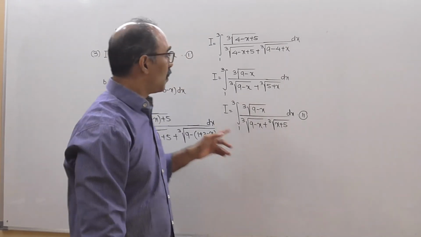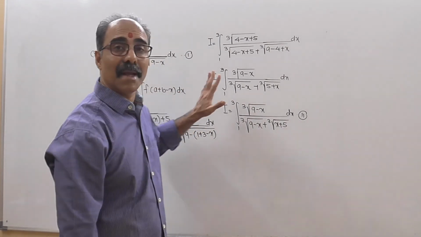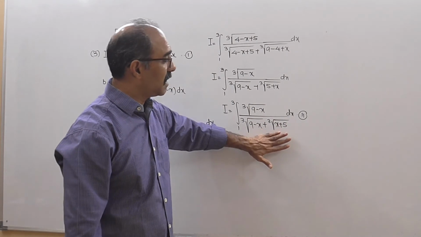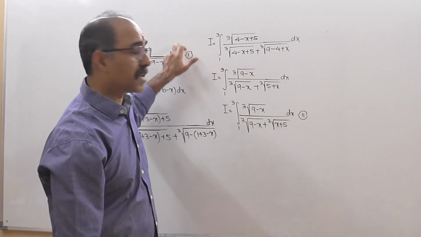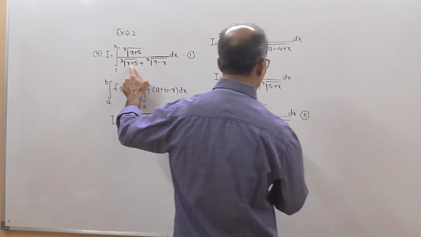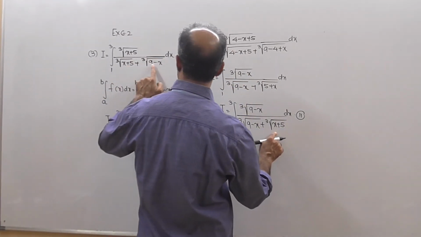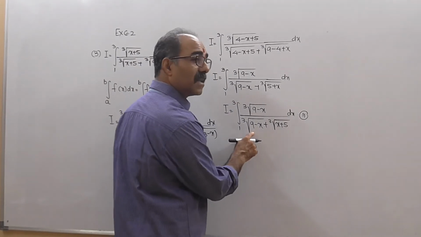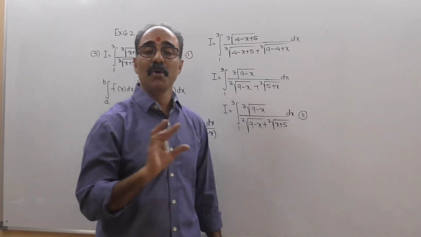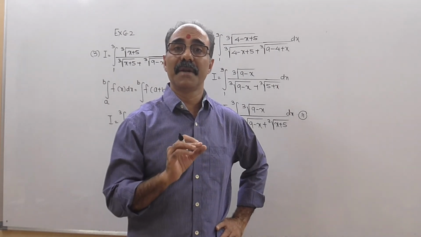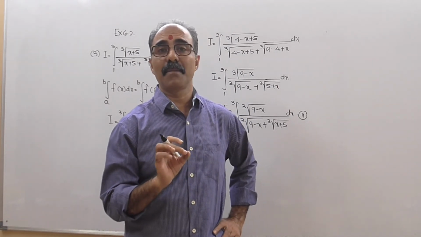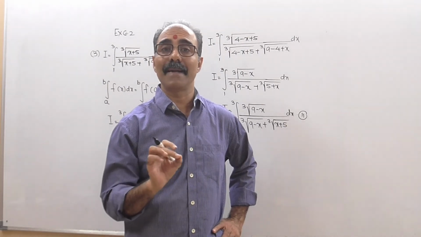I'll repeat. Once you replace all x with a plus b minus x, check the denominator of whatever answer you have got with the question. So I am having cube root of x plus 5, either be cube root of x plus 5 है, either cube root of 9 minus x है, either be cube root of 9 minus x है. Numerator को ध्यान मत दो, denominator में ध्यान दो. If the denominator matches, then 99.99% you are on the right track.